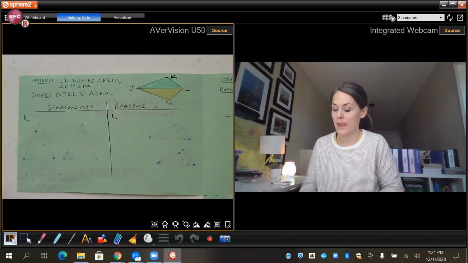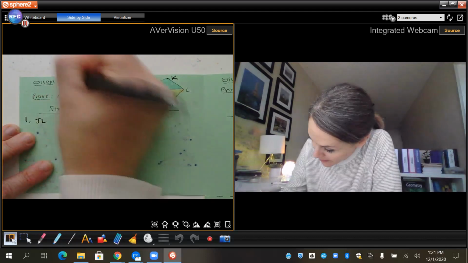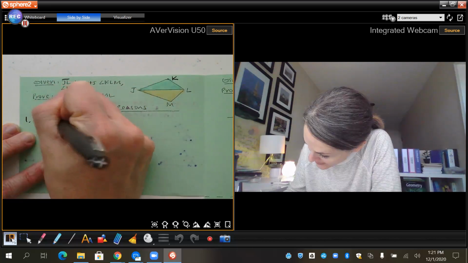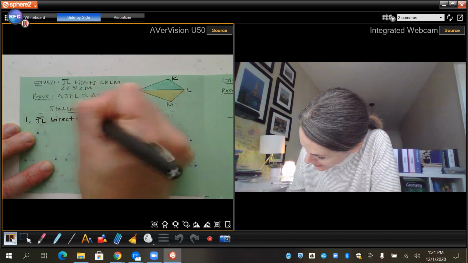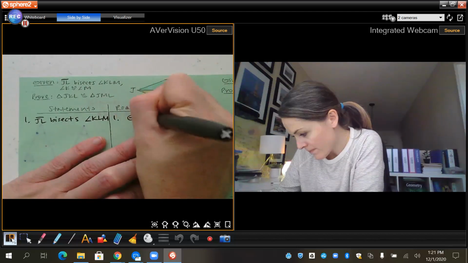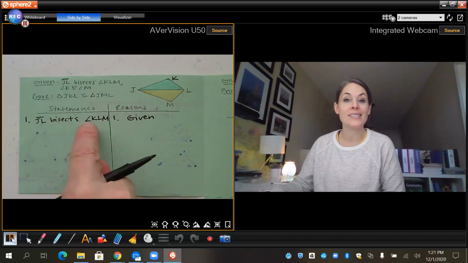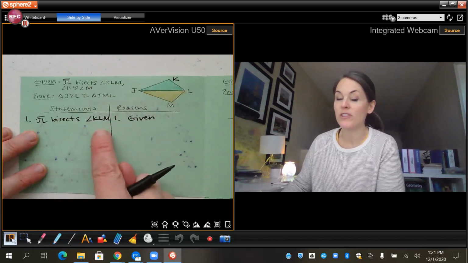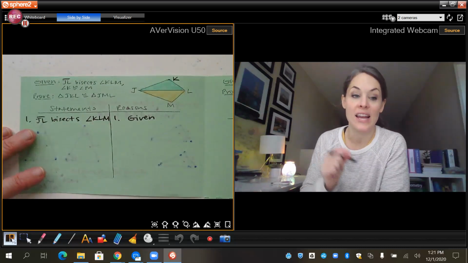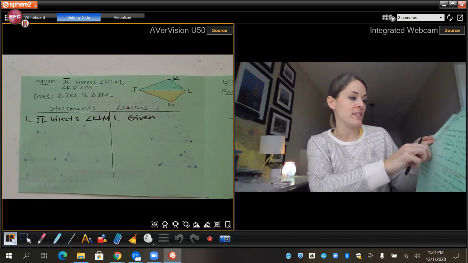Okay. Now I'm going to start with my first piece of given, which is segment JL bisects angle KLM by given. Okay. So I have something that bisects an angle. Whatever comes after the word bisects is what's cut in half. So you can look in here, and it says angle bisector.